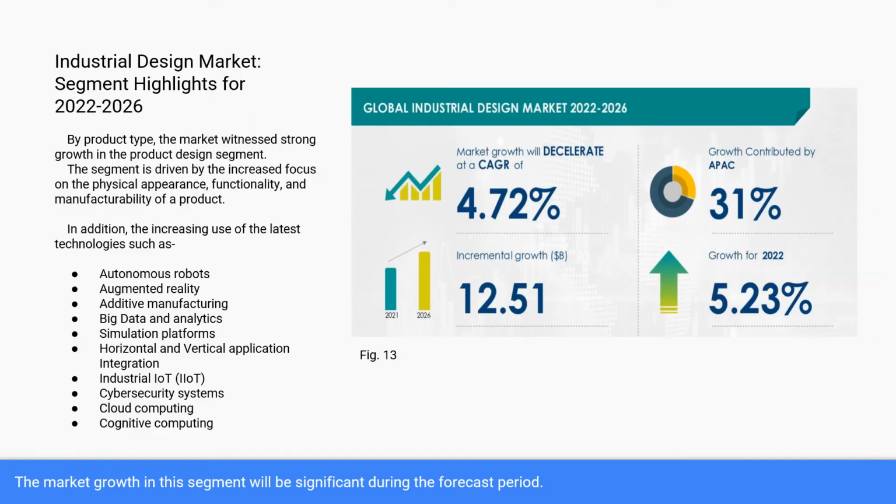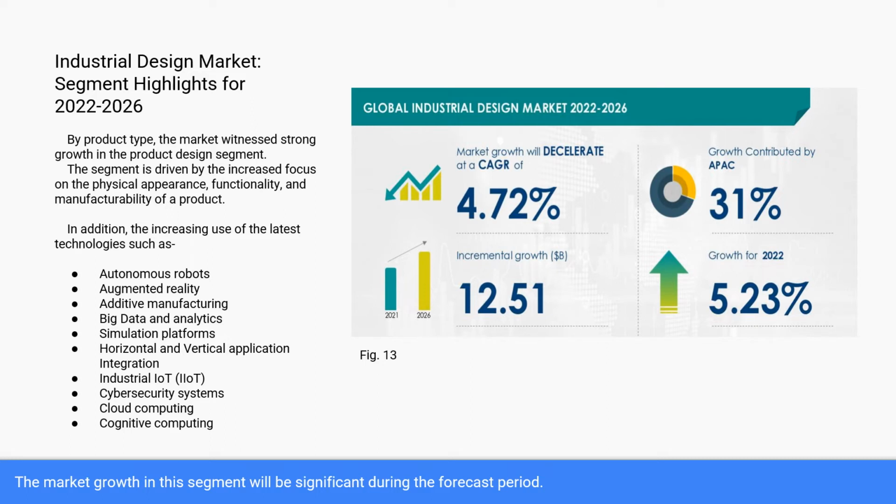Looking at the key highlights of the industrial design market between 2022 and 2026, in this segment there will be an increased focus on the physical appearance, functionality, and manufacturability of a product.